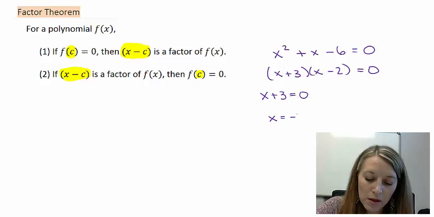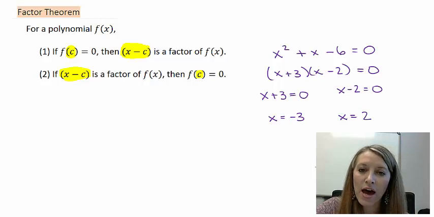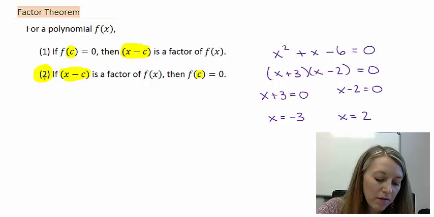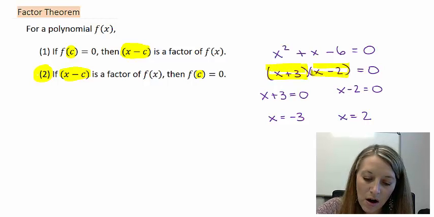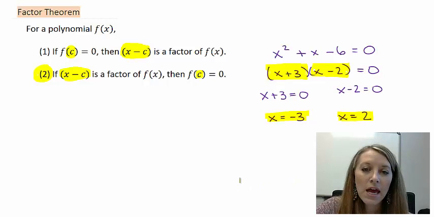And so that gives me the first solution of x equals negative 3. And that gives me the second solution of x equals 2. So the second part of the factor theorem says, if these two things here are factors of my polynomials, then these are zeros of my polynomials. And that's something that we've used quite often.